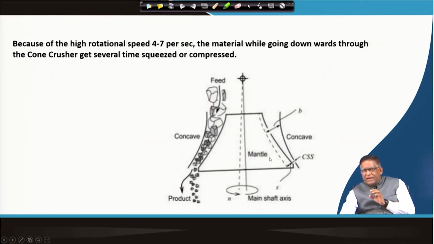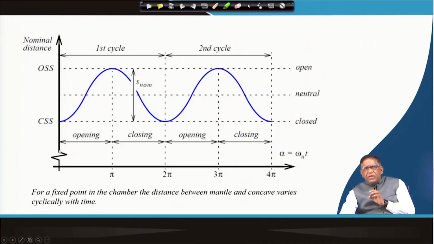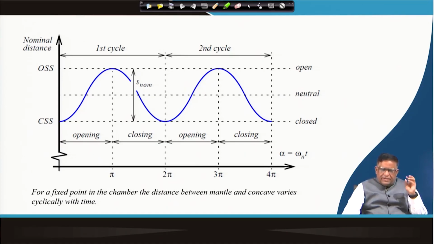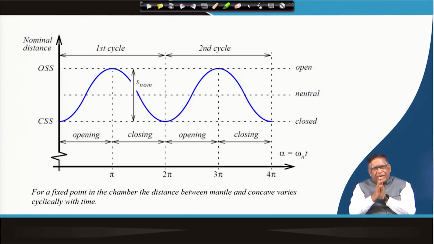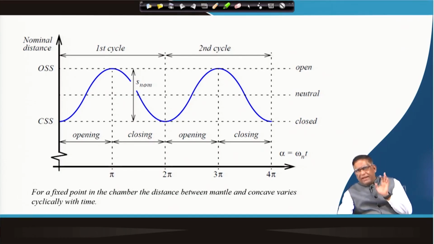So at any point you take between the concave and the mantle, the space varies in a sinusoidal way. Whenever the distance becomes more, the pressure is less, but whenever the distance becomes small, the rock is getting pressed, and that gives it the whole crushing energy, and it will break.